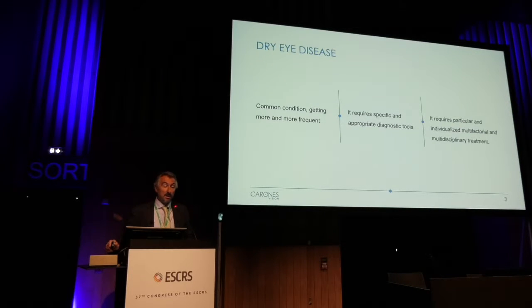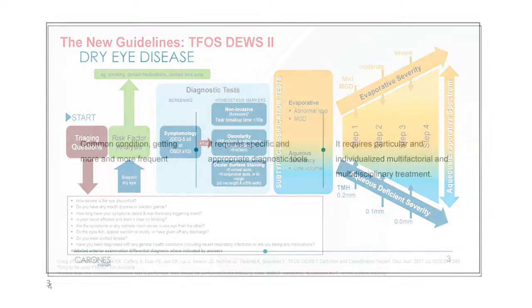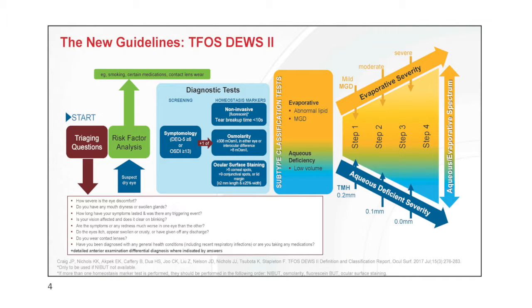So, we know that it is a common condition. We know that dry eye disease requires specific and appropriate diagnostic tools, and of course requires particular, individualized, multifactorial and multidisciplinary treatment. And this is another flow chart from the DEWS II meeting.